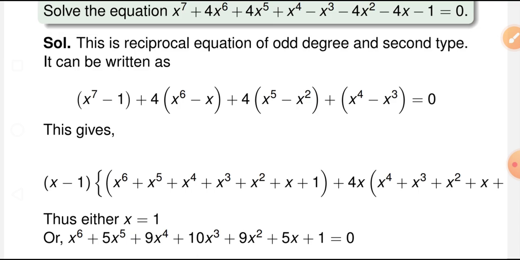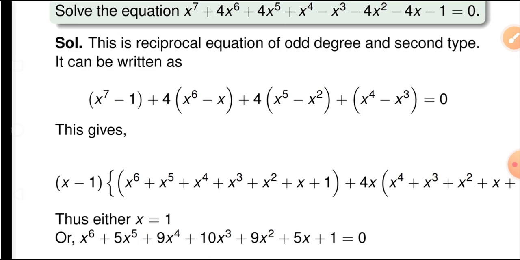So either x is equal to 1 is a root, or we can write this as x power 6 plus 5x power 5 plus 9x power 4 plus 10x power 3 plus 9x square plus 5x plus 1 equal to 0.